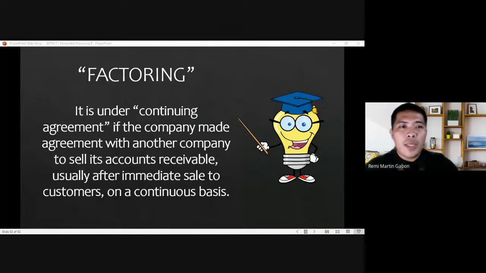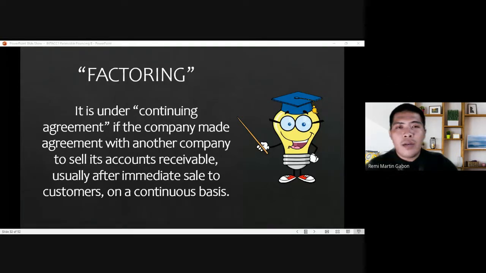But for a continuing agreement, upon immediate sale, I am going to sell my accounts receivable to the factor immediately on a continuous basis. Every time I have accounts receivable, I will sell it directly to the factor.